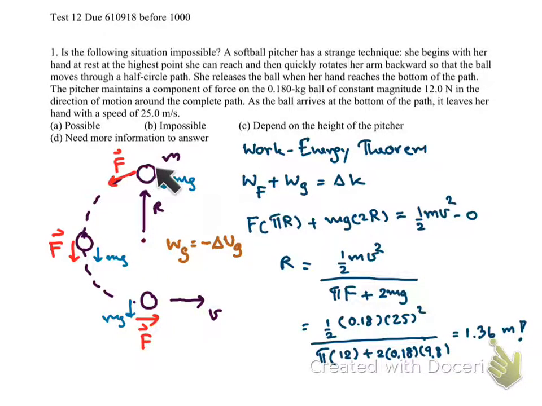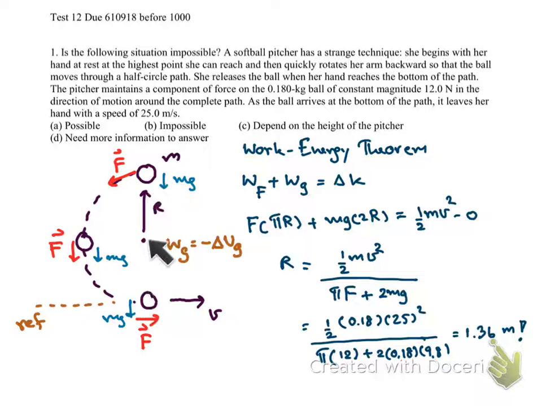When the ball moves from the top to the bottom, if we use the bottom position as a reference, the gravitational potential is reduced by the amount mgh.